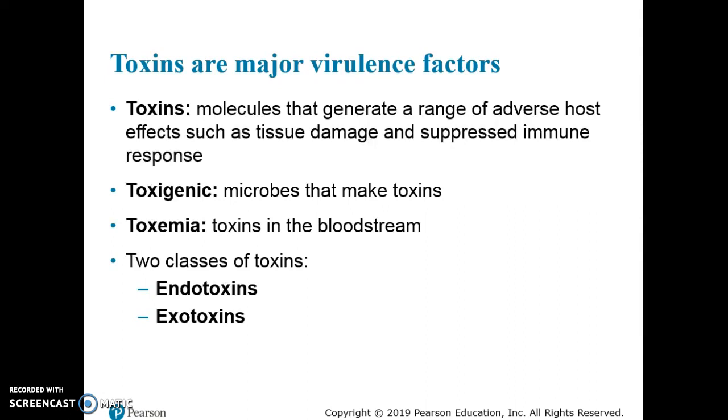And so those are going to be primarily bacteria and then some fungal organisms. If you have toxemia, the toxin is in the bloodstream. And there's two major classes of toxins, endotoxin and exotoxins. And since we're not going to be able to get through either one of these in the next 3 minutes, I'm going to stop here with part 2. And part 3 will be endotoxins and exotoxins.